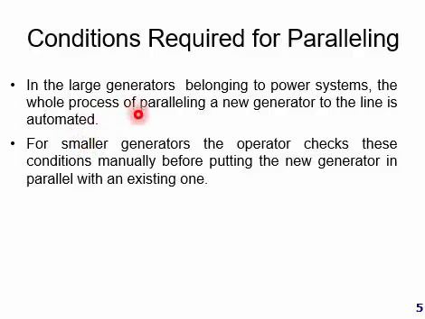So in large generators, we don't need to check these conditions manually. But in the case of smaller generators, the operator checks these conditions manually before putting the new generator in parallel with an existing one.